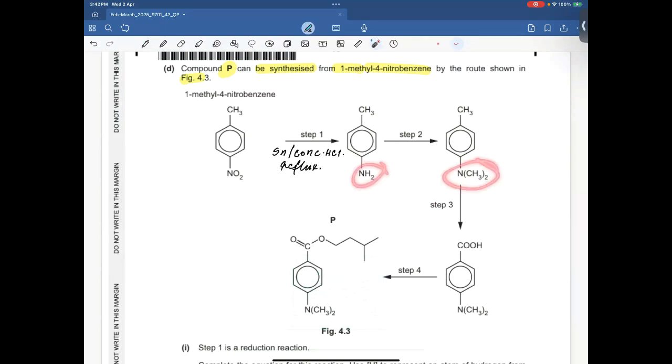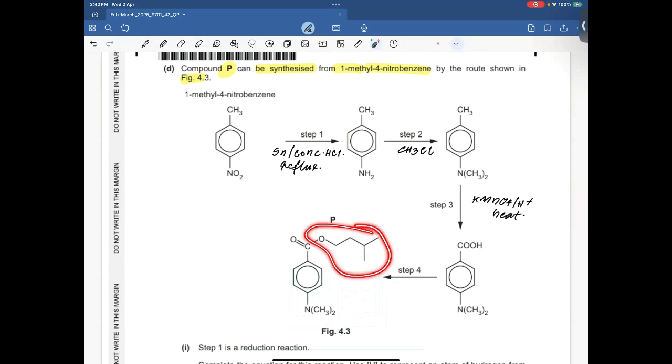Then NH2 will turn to this. So basically it's an alkylation process. I'm going to use alkyl halide as a reagent. And CH3 will turn to COOH, which means it's going to be oxidation, KMnO4 in acidic medium, under heat, type of reaction is oxidation. Look, this is acid, this is ester, which means this process is going to be esterification.